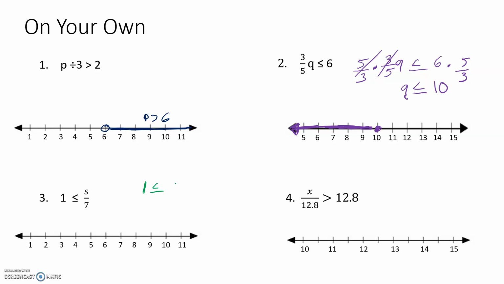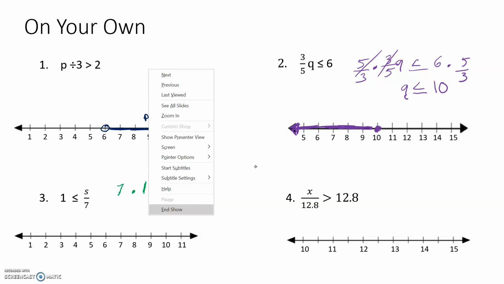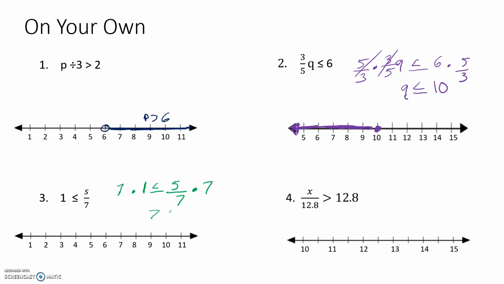So 1 is less than or equal to s divided by 7. All right, so I'm going to multiply both sides by 7. So times 7. And so I'm left with 7 is less than or equal to s.